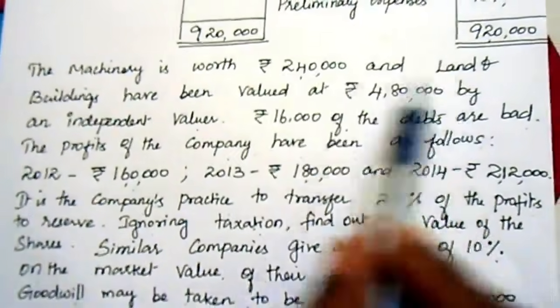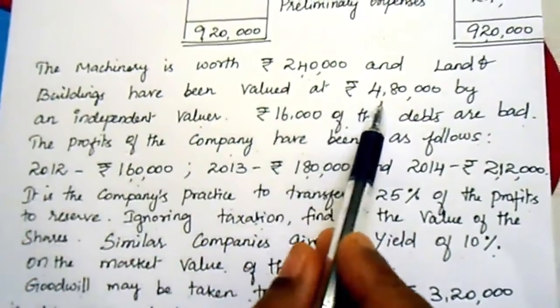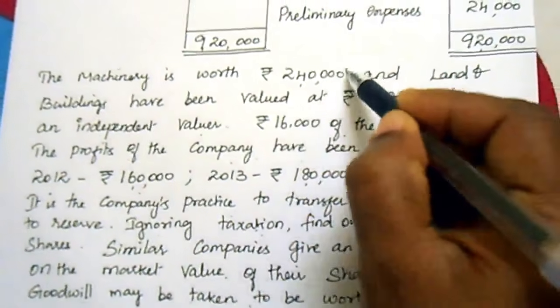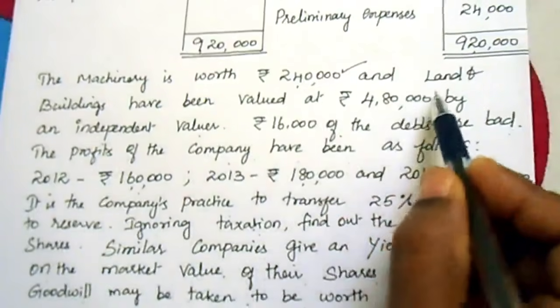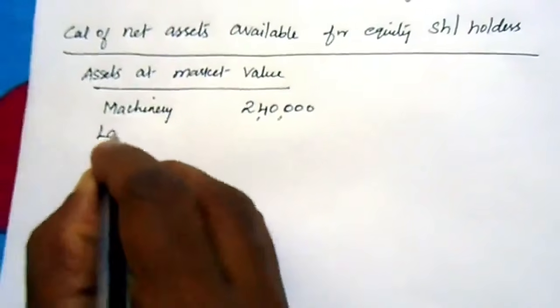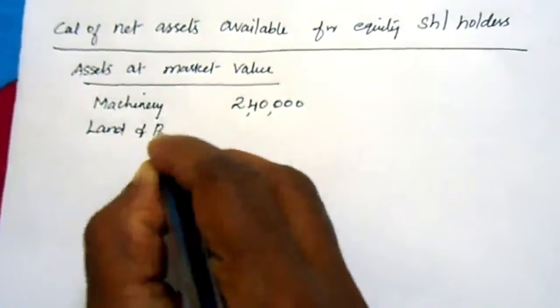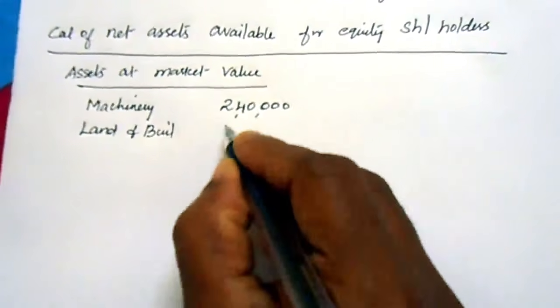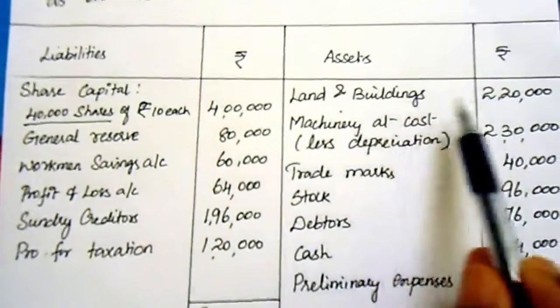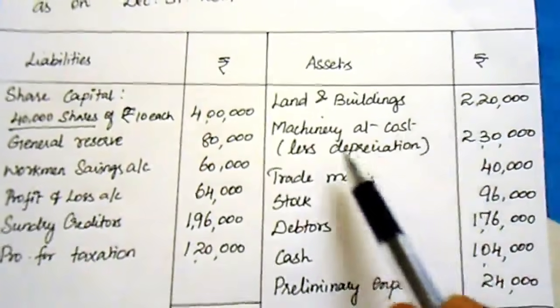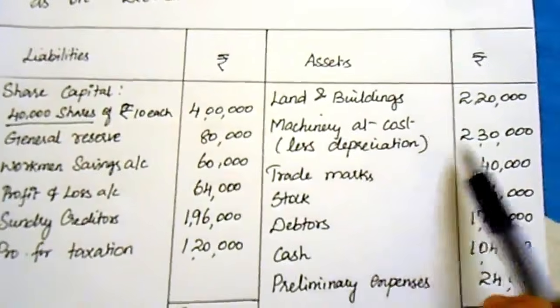Next one, land and building, 4,80,000. We have taken the market value for land and building, and machinery also we have entered the market value.